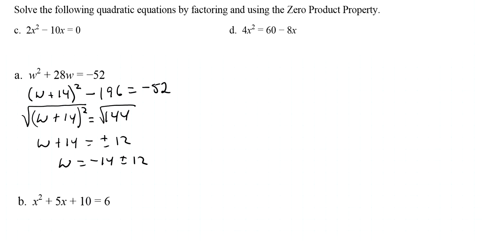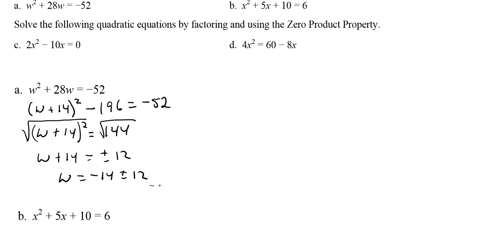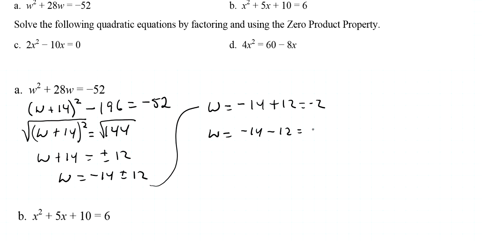So W is equal to negative 14 plus 12, which is going to be negative 2. And then we know that W is also going to equal negative 14 minus 12, which is going to be negative 26.